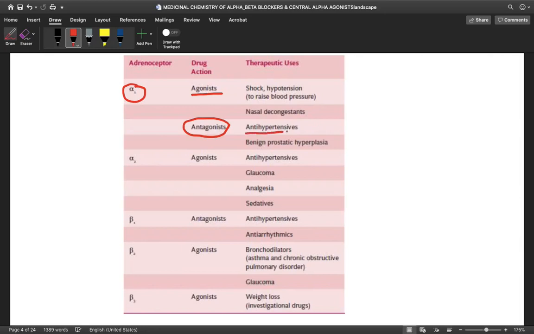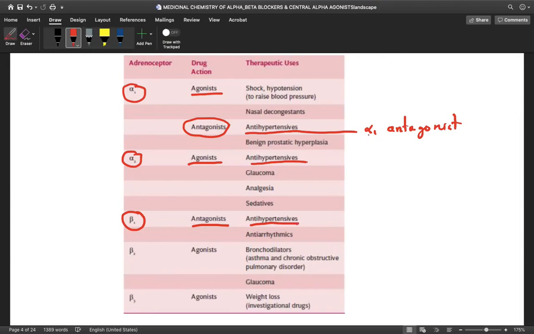So I want you to remember that alpha 1 antagonists can be used as antihypertensive. Alpha 2 agonists can be used as antihypertensive. Beta 1 antagonists can also be used as antihypertensive.